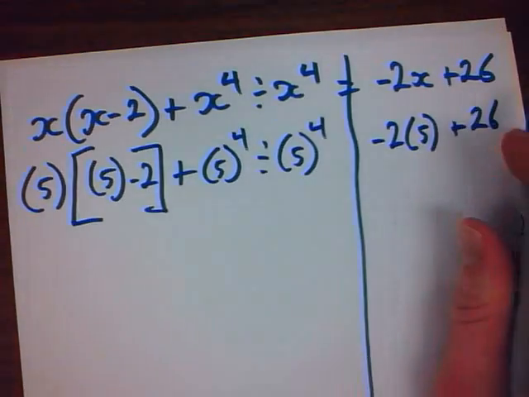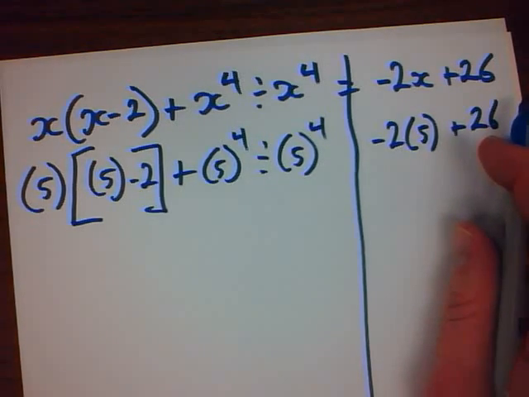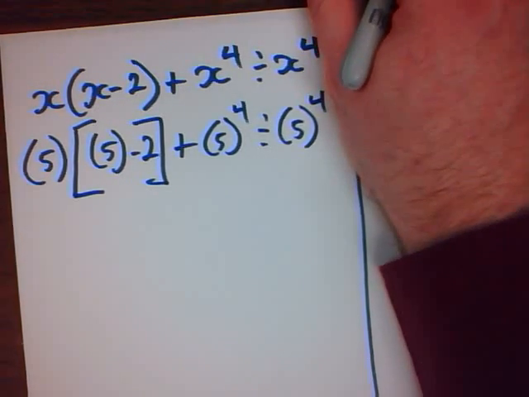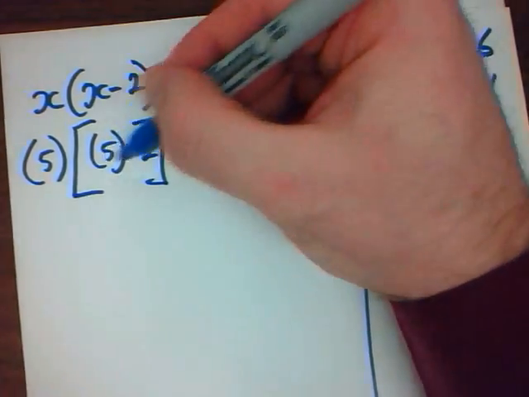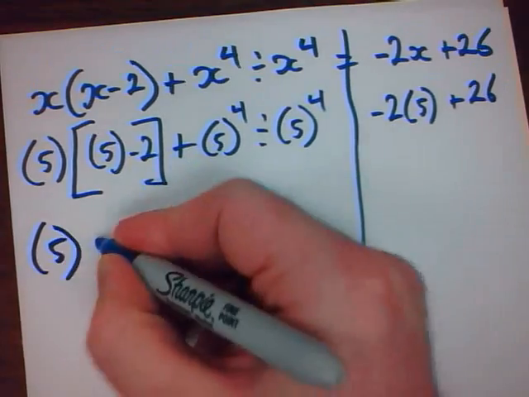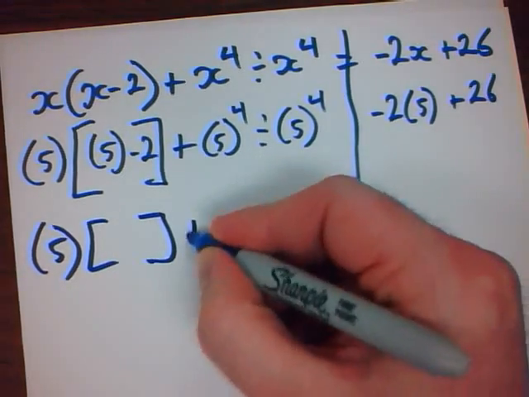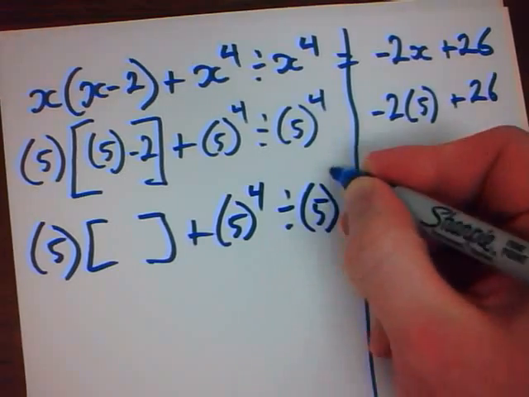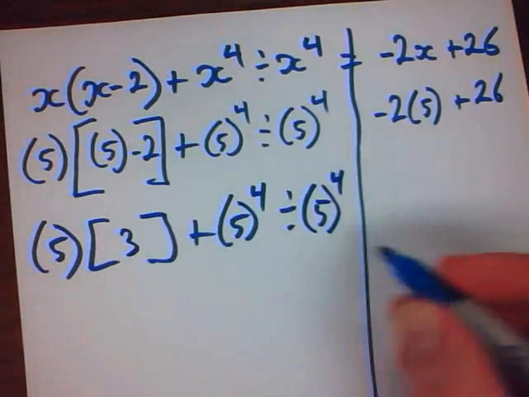I've replaced all of the x's with 5. Let's work on this side first. BEDMAS, brackets first. I'm doing 5 minus 2 first. Five minus 2 is 3.